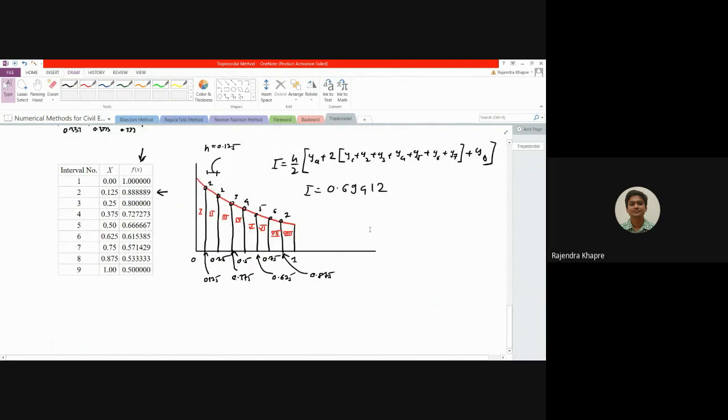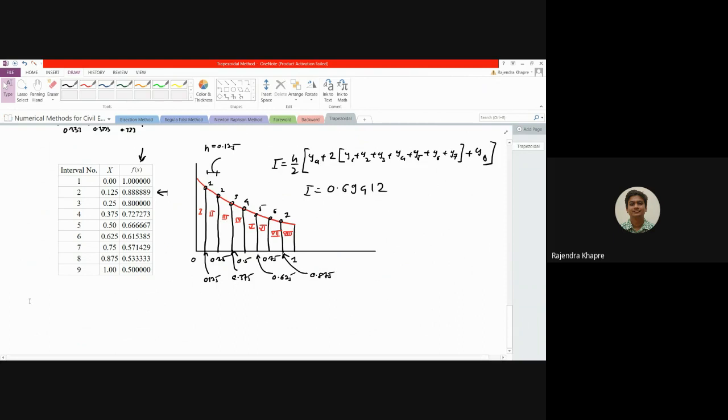So even after taking 10 intervals, you will find there is still some amount of error in the solution. If you want the actual solution, then we have to go for even more intervals. Okay. So I hope you have understood this. I don't think there should be any query.